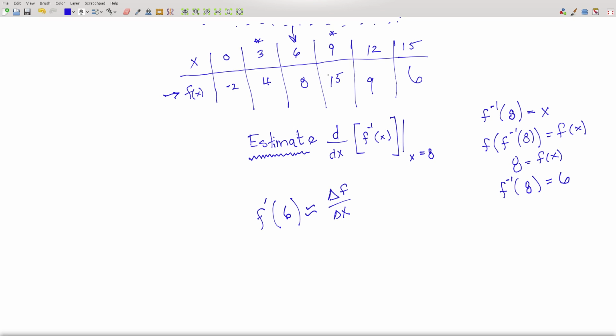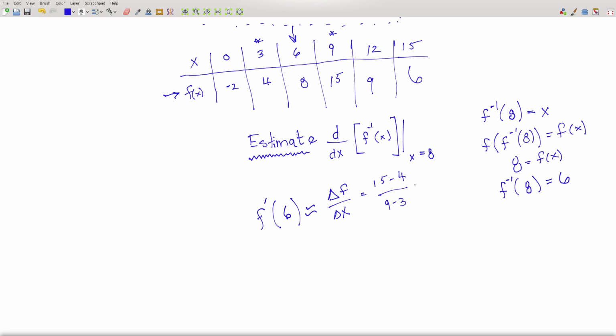Right? So what is the change in the f? That's centered on 6 like this. So the change in the f is actually, if you look here, it's 15 minus 4. So we have 15 minus 4 over the change in the x, centered on x equals 6. So that's 9 minus 3.